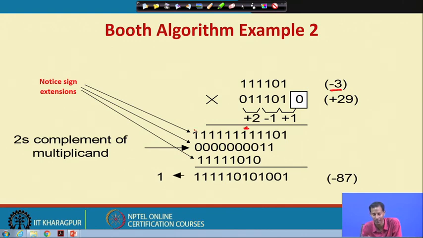In the previous case, as this bit was 0, 0 was extended, but in this case 1 is there, so 1 is extended. For minus 1, the 2's complement of this will be this. As this is 0, 0 is extended at this particular position. Again for plus 2, 0 is padded, and apart from that all the 1s are extended because this is minus 1 now.